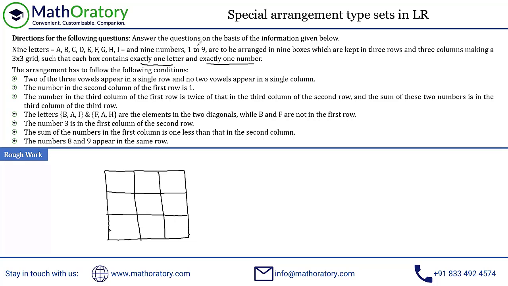Apart from that, there are a lot of additional points which are mentioned. So let us go ahead and solve according to the points. The first bullet point says two of the three vowels appear in a single row and no two vowels appear in a single column. At the very beginning, when we are looking into the arrangement, there is no definite way to actually pinpoint how to collect this information.